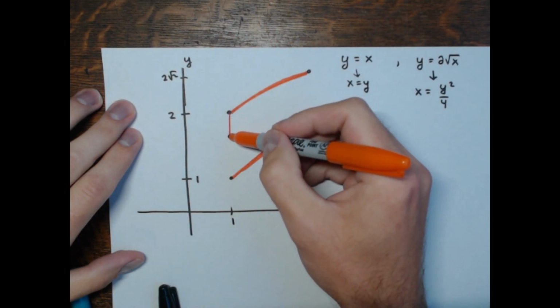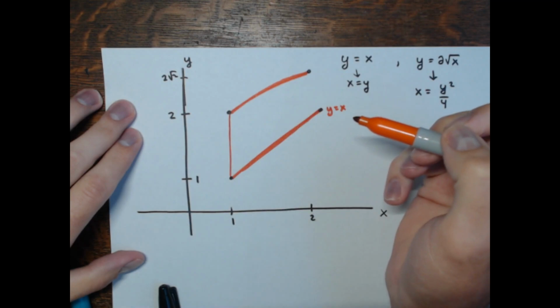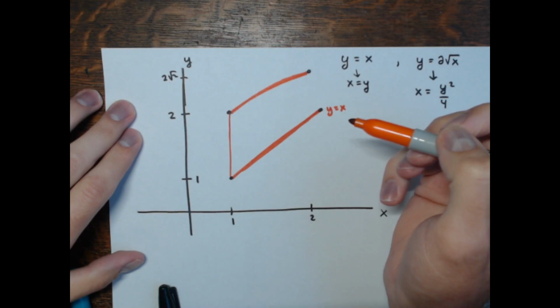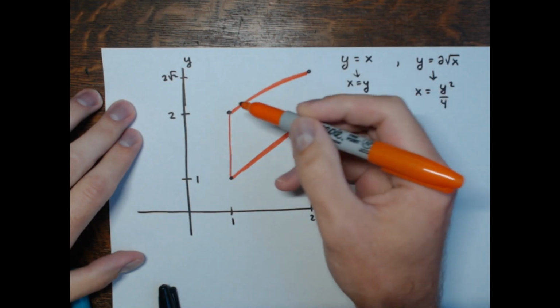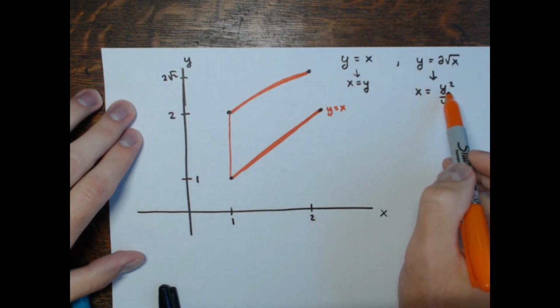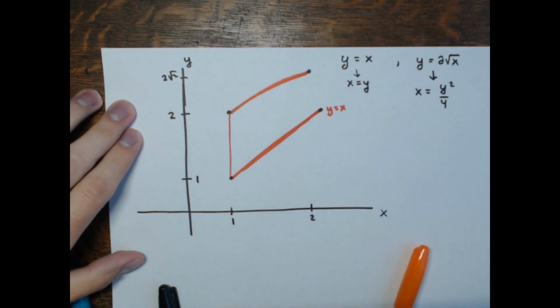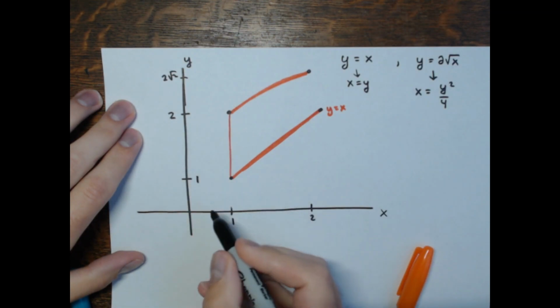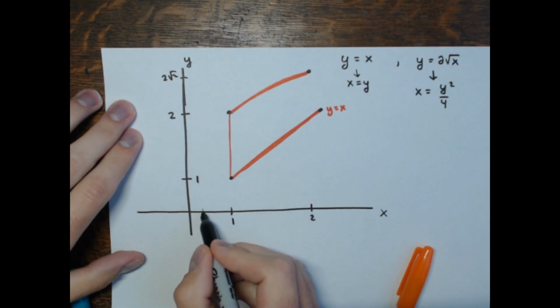Actually, I should bring this here, right? When y equals 1, x equals a quarter. It should have been going from y equals 1 to y equals 2.